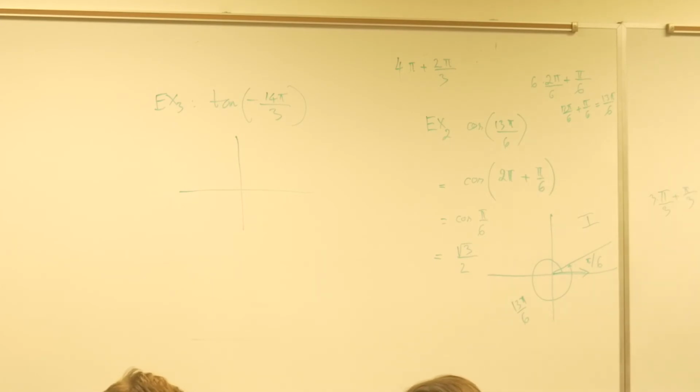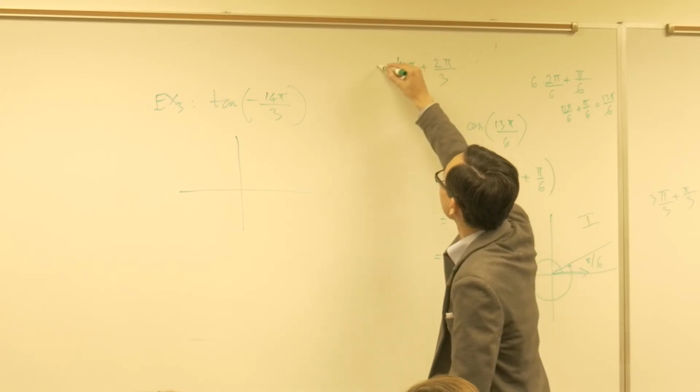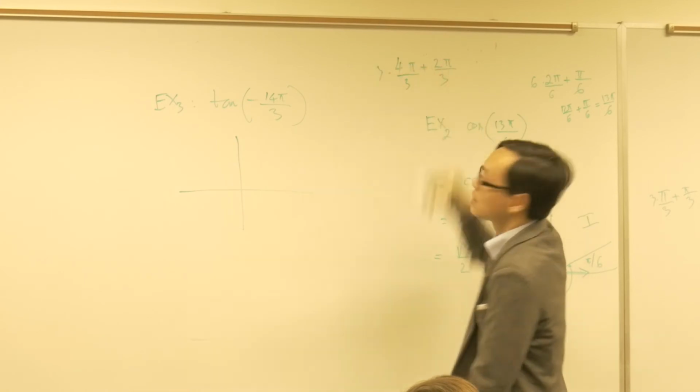We don't do division, because if we do division, we cannot apply it. Only addition. So everybody agree with 4 pi plus 2 pi over 3? Look at that, if I find the common denominator, multiply by 3 here, I have 12 pi plus 2 pi over 3.